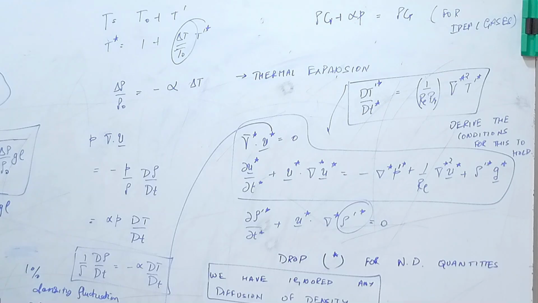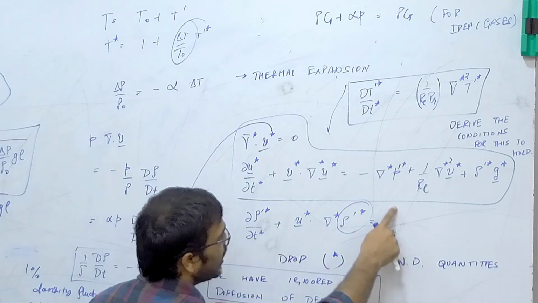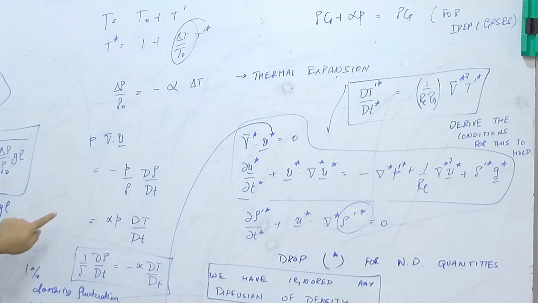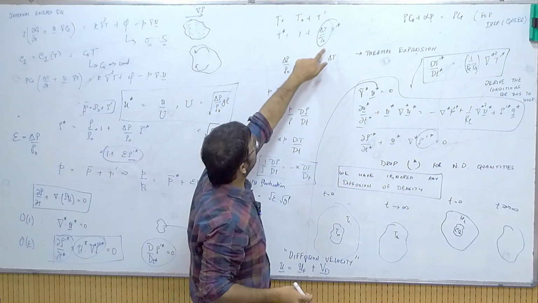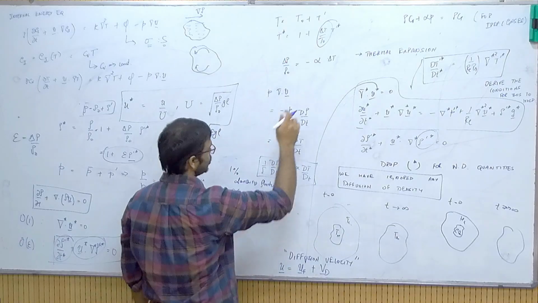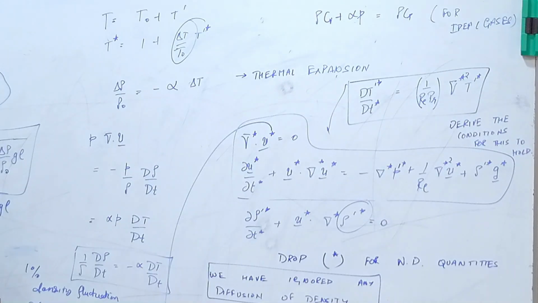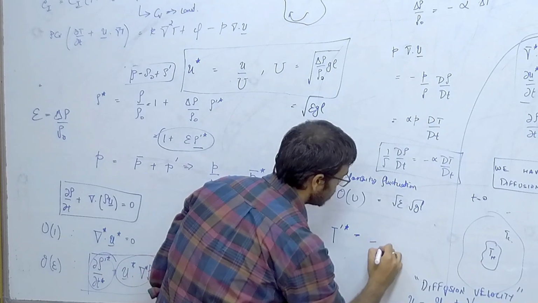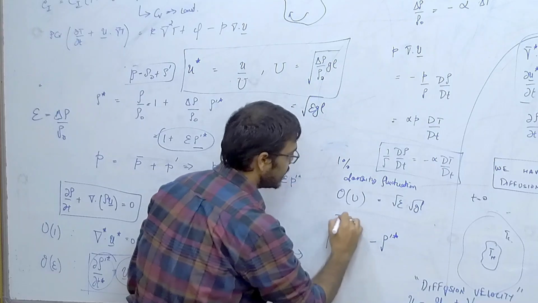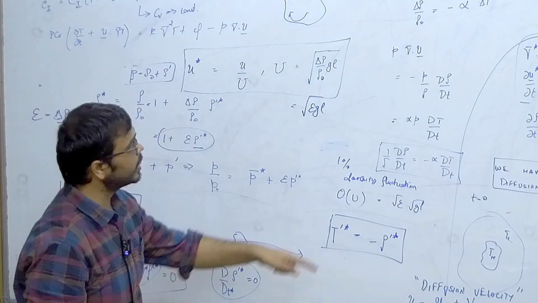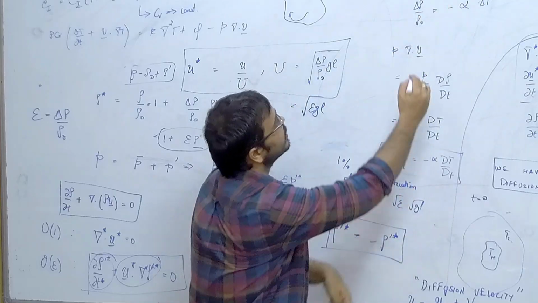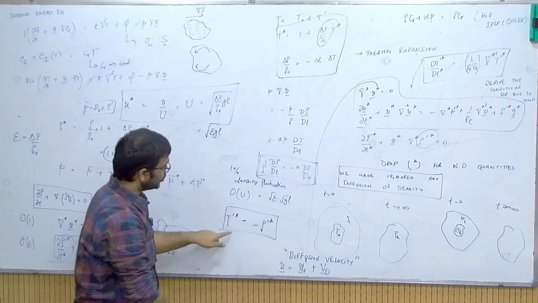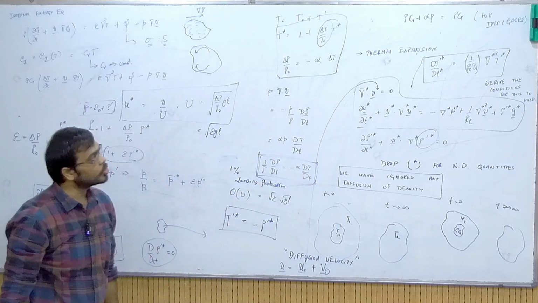The question that you need to ask is, but this is our higher order continuity equation. From the definition of this T star, you can show that the dimensionless fluctuations in temperature are equal to minus the dimensionless fluctuations in density. You can show that T prime star is minus rho prime star, using this relation together with this definition.